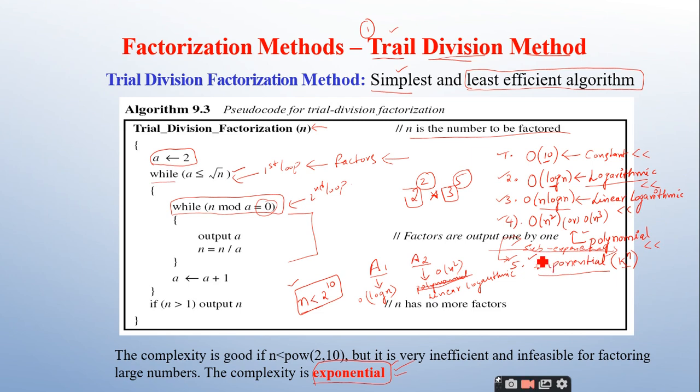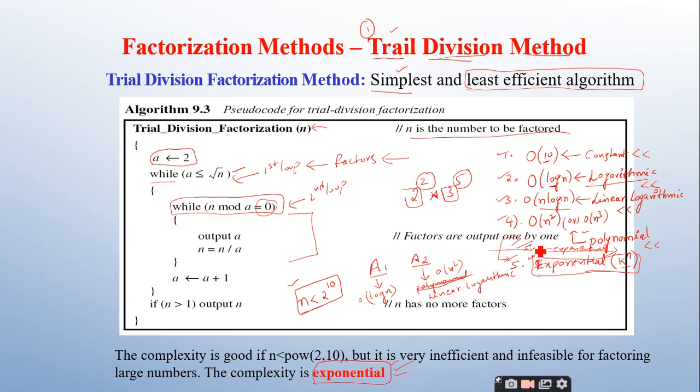Is it clear? So you can see here that the sub-exponential algorithm is somewhat more efficient than the exponential algorithm, but it is not more efficient than polynomial. Why? Because the complexity lies between polynomial and exponential. So compared to exponential algorithms, this sub-exponential algorithm is better in its performance.